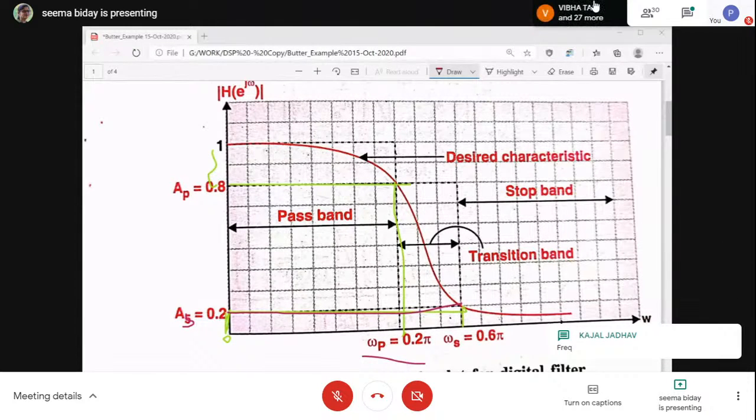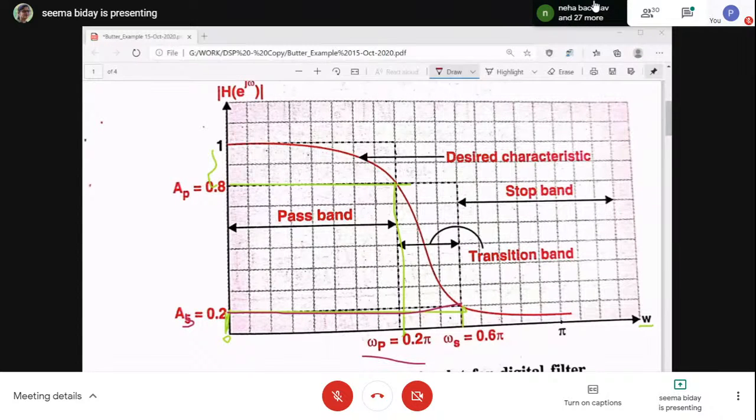What is the definition of cutoff frequency? This is the preparation of MCQ. What is the definition of cutoff frequency? Tell me now, Rahul. How do you define cutoff frequency? You have studied so many filters.